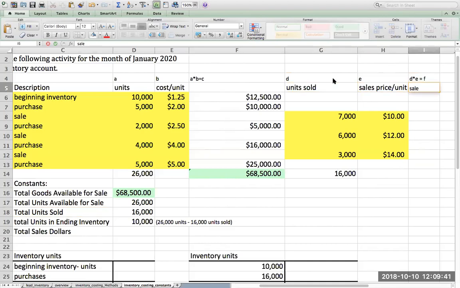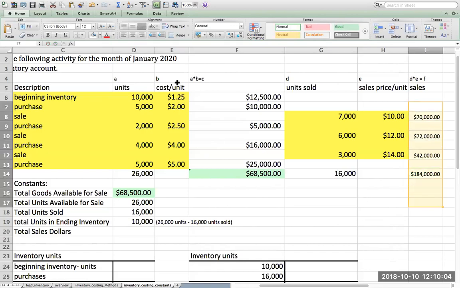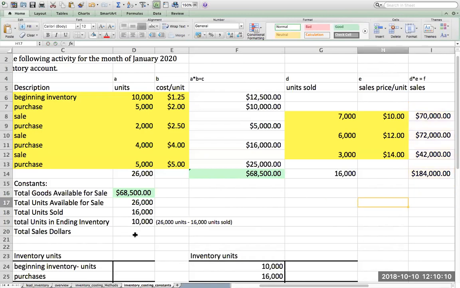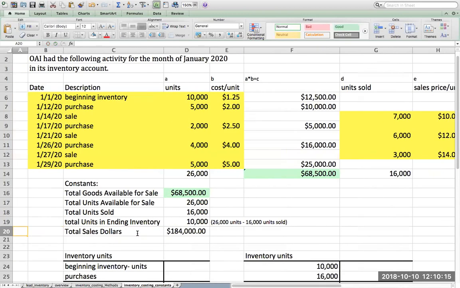So we have 7,000 times 10, 6,000 times 12, 3,000 times 14, or 70,000 plus 72,000 plus 42,000, for a total of $184,000. Those are my total sales, and again, this number will not change no matter what inventory method we end up using. It will always be the same.